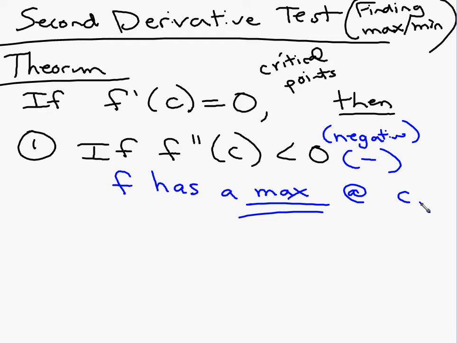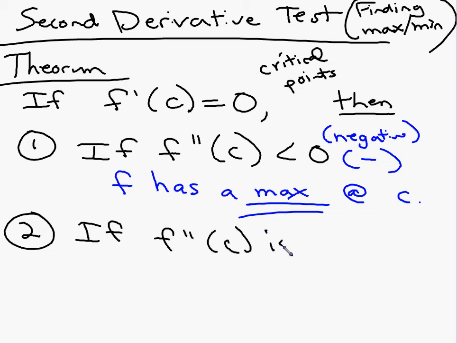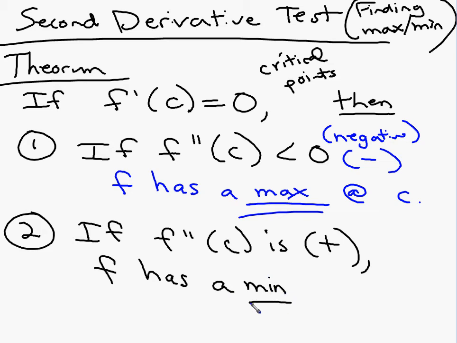That's the way I remember the second derivative test. You would think if the value of the second derivative at c is positive, it's a max, but it's not. So the way I keep that straight is I remember that it's the opposite of what you would think it is. And then number 2 is true: if f double prime of c is positive, then f has a minimum at c.